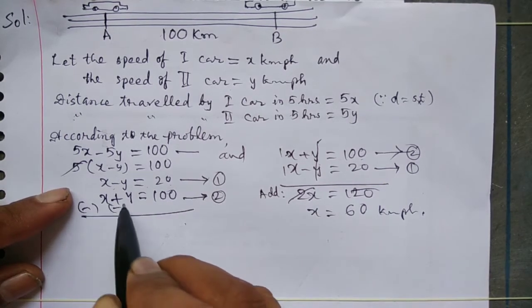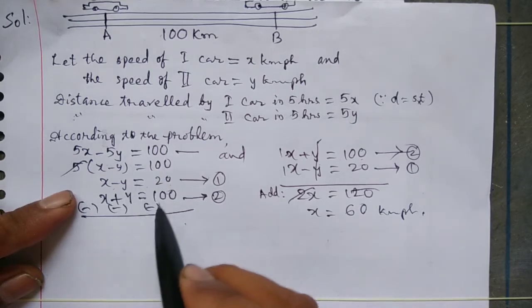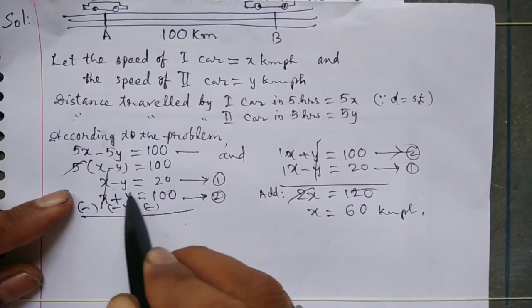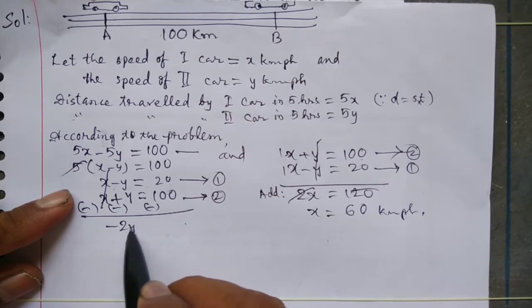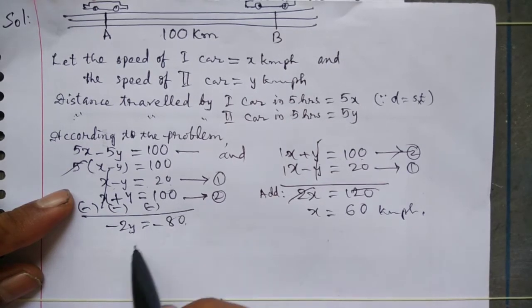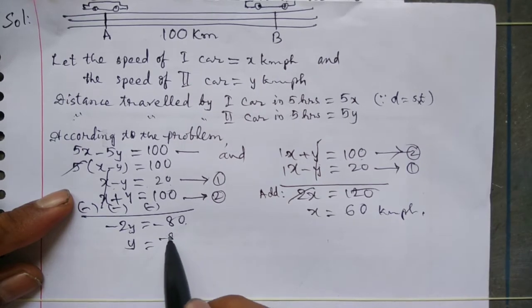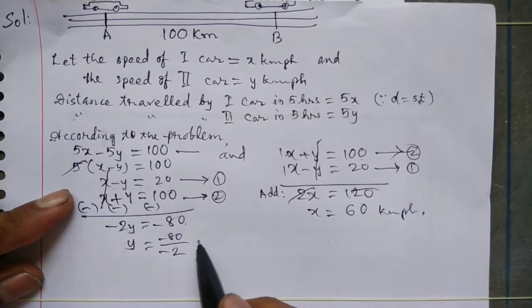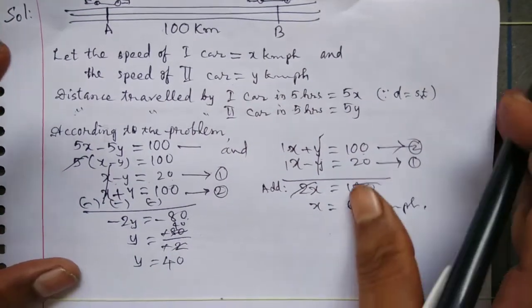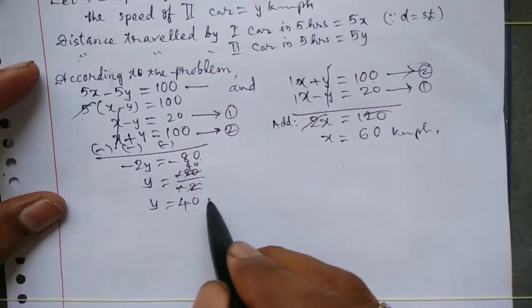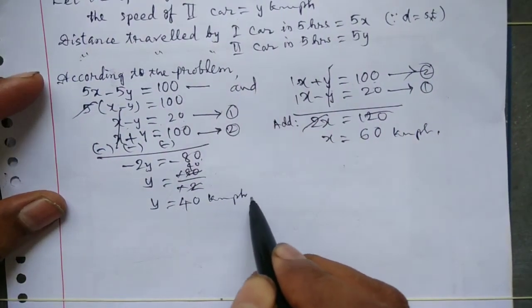Subtracting, we have to change the sign of each and every term. x cancels. Minus y minus y, minus 2y is equal to minus 80. y is equal to minus 80 by minus 2. Minuses cancel, y is equal to 40 kilometers per hour.